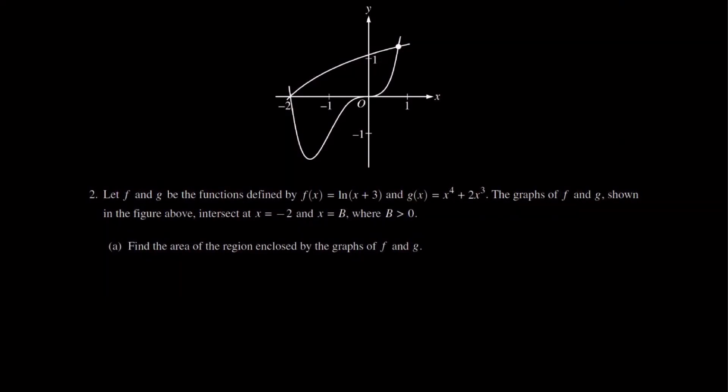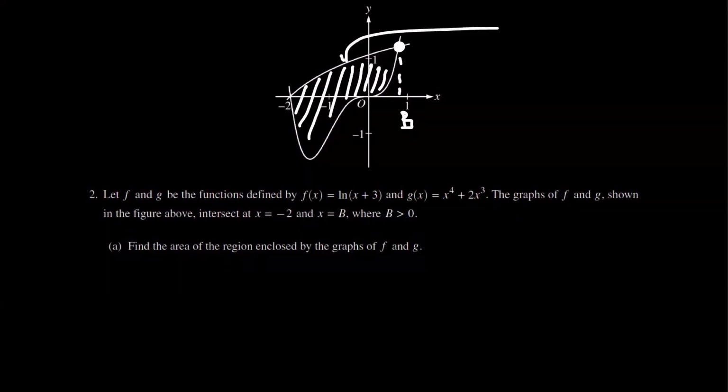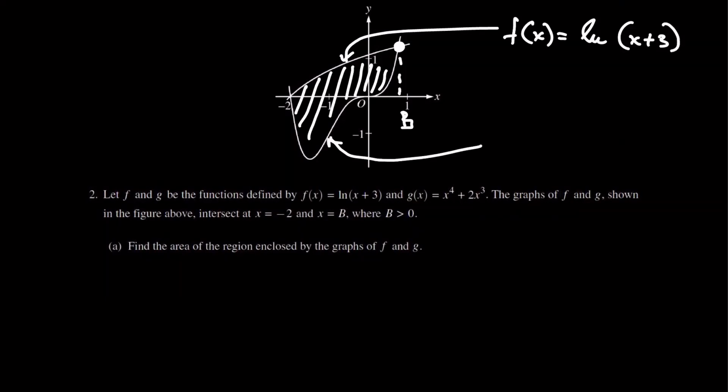And the question is find the area of the region enclosed by the graphs of these two functions. And so we need to find this point b first, and then we need to find this area between these two graphs. Note that this function is actually f of x, which is ln x plus 3, and this function here is g of x, which is x to the fourth power plus 2x cubed.